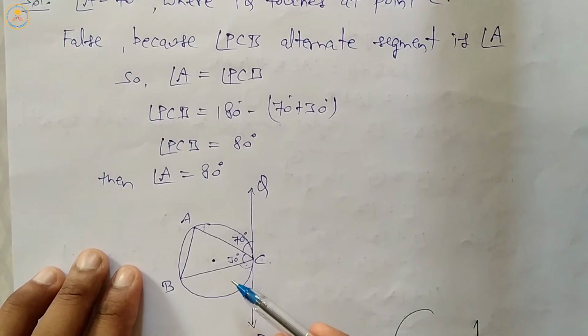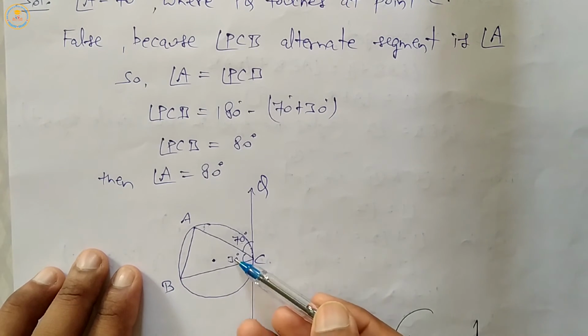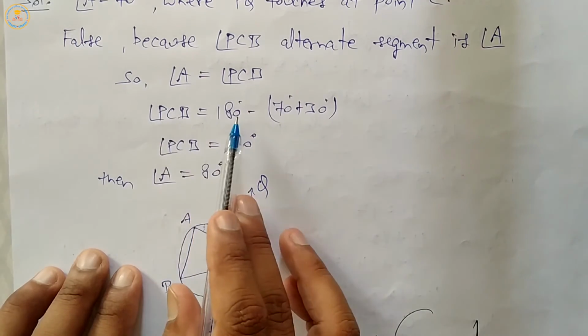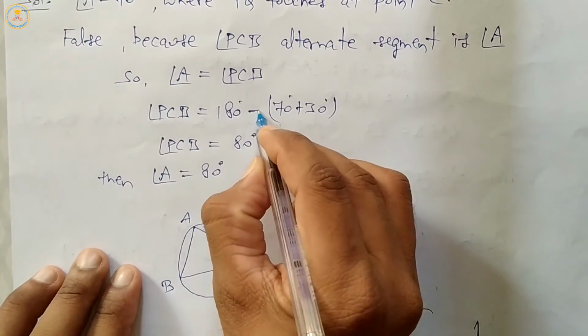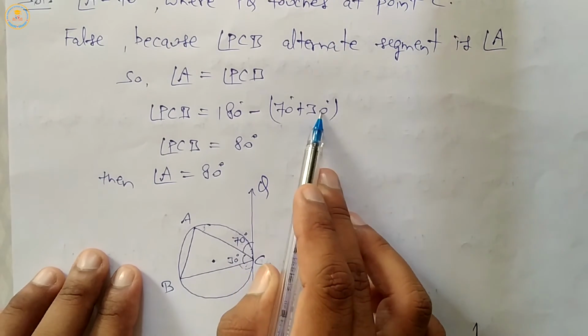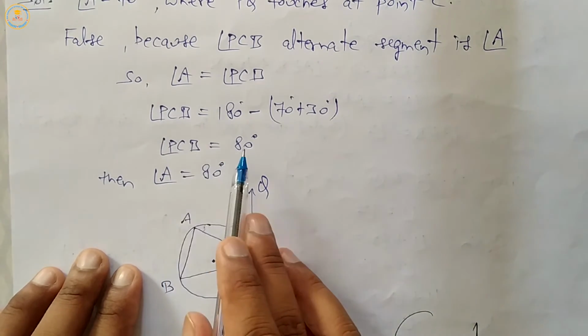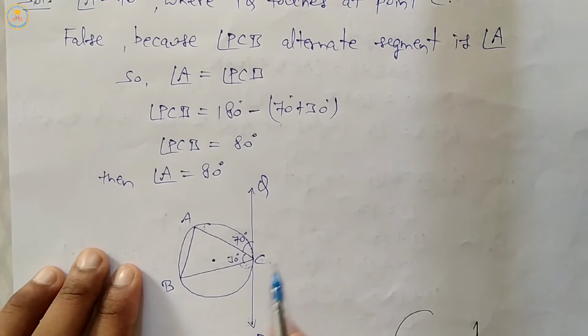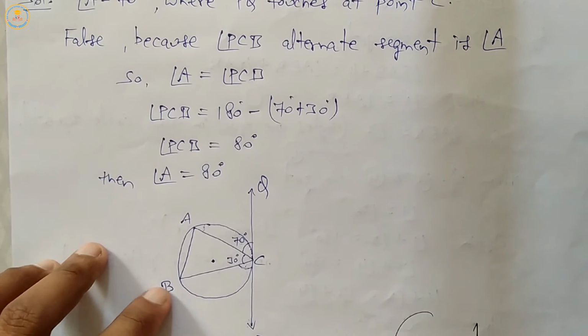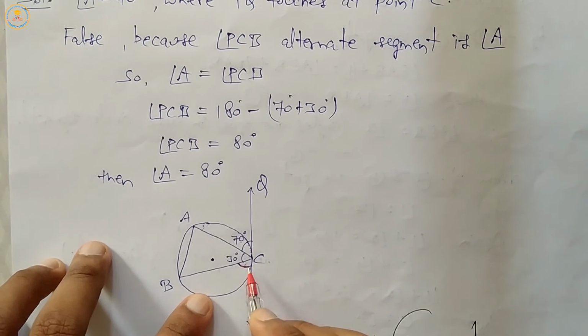Therefore angle PCB plus 30 plus 70 equals 180 degrees. So PCB equals 180 minus 70 minus 30, which means PCB equals 80 degrees. This angle is 80 degrees.